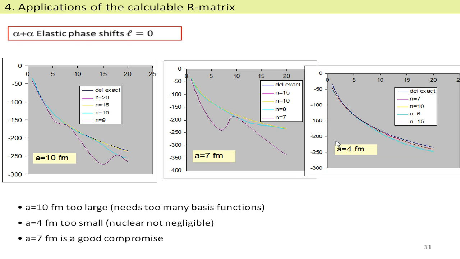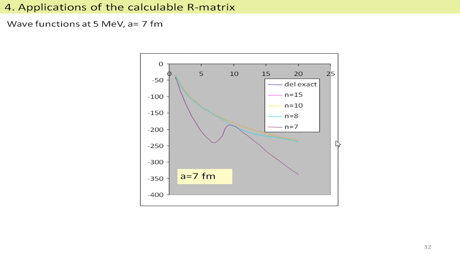Okay, so this is a very specific case because we know the exact results. So this is a textbook example, but in general, we don't know the exact results, of course. So we would like to test the calculation without having a reference calculation. And this can be done by looking at the wave function.